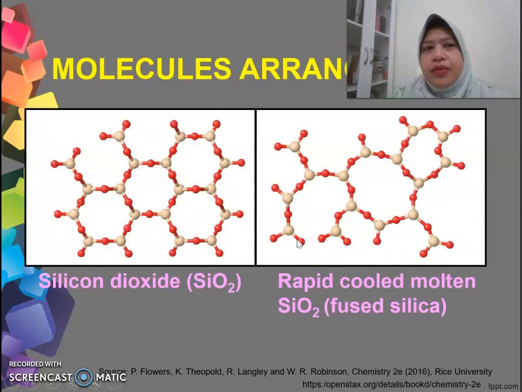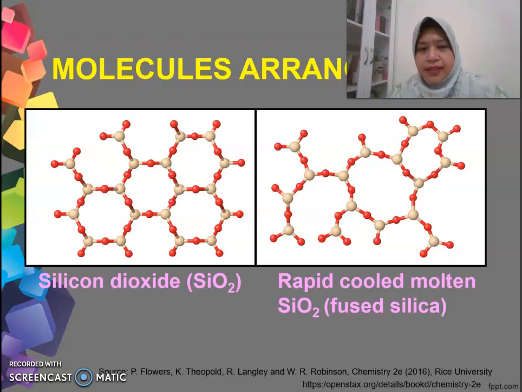Okay, now I want to show you an example of a substance that can form either crystalline or amorphous solid. Okay, and it depends on the condition under which the substance is produced. Okay, for your information, an amorphous solid can also undergo a transition to a crystalline solid state under the appropriate conditions.